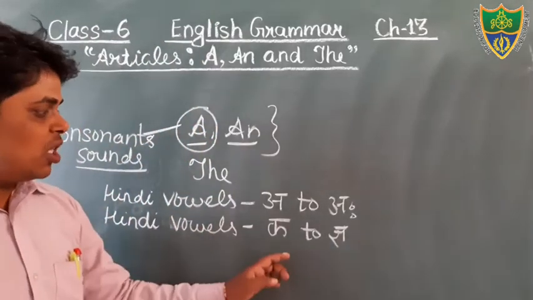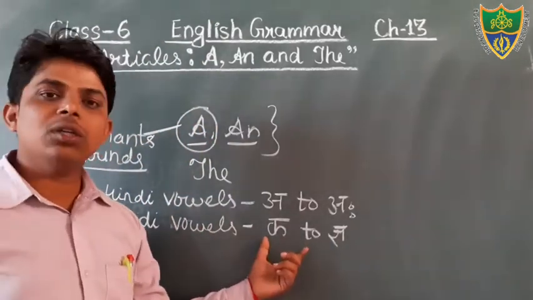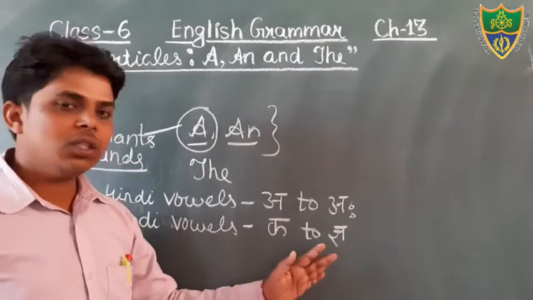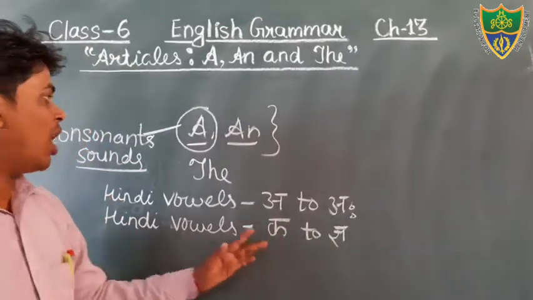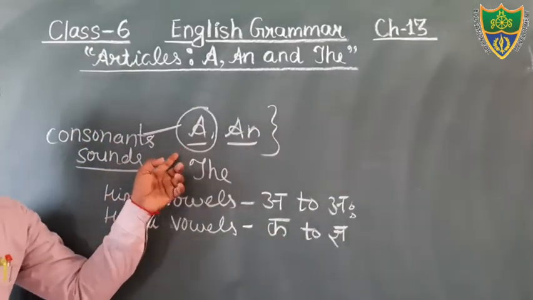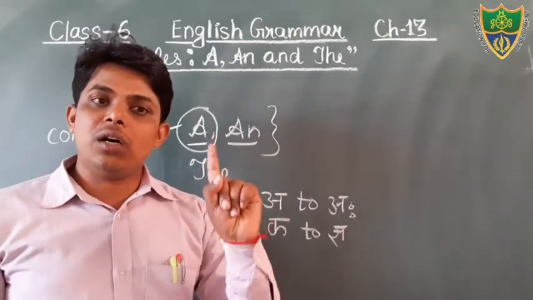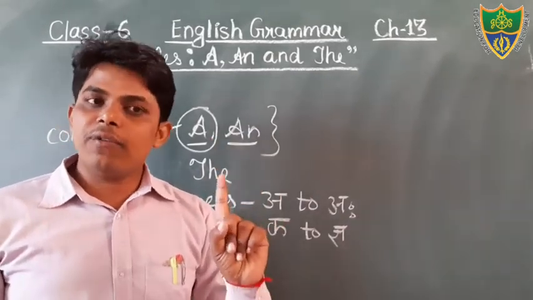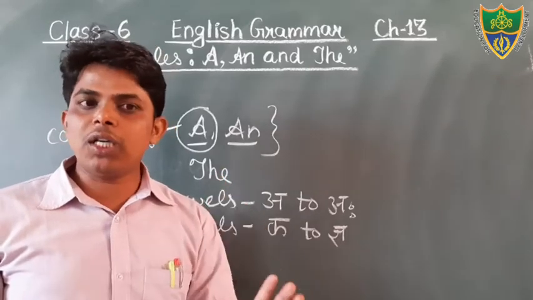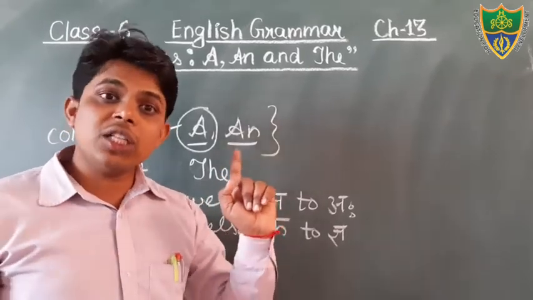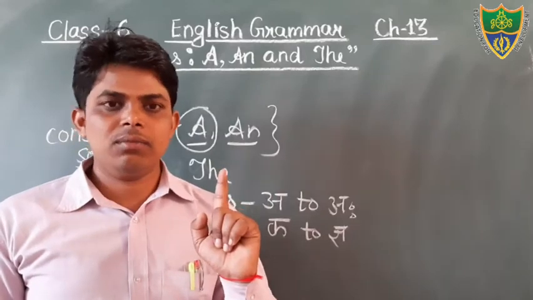If your pronunciation starts with ka, kha, ga and so on, then you will use the article a. So keep in your mind that we use the article a before the words beginning with a consonant sound, not letter.